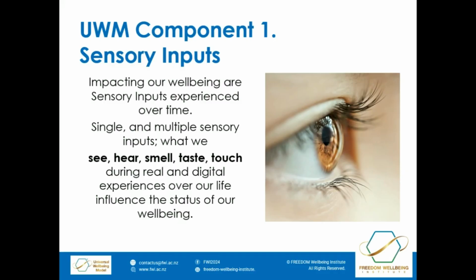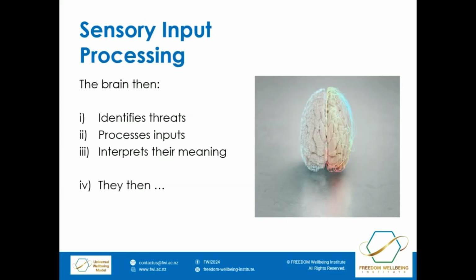When all these sensory inputs come into our brain, the brain does some very important processing. The first thing our brains do when they receive these inputs is they identify if any of these sensory inputs are showing the brain that there is some kind of threat to us.